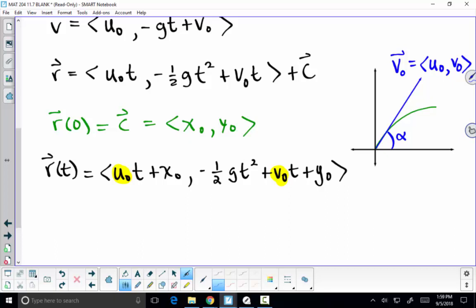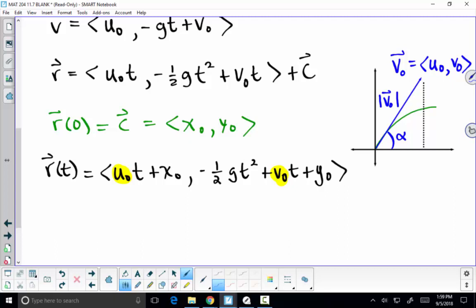And you all know by now that if you form this triangle, you can decompose v naught into the horizontal component and the vertical component. So what we're going to do then is say this, which is going to be even more confusing because it has a v naught in it also. So the length of that vector is the speed. The magnitude of a vector is just denoted with absolute value bars.